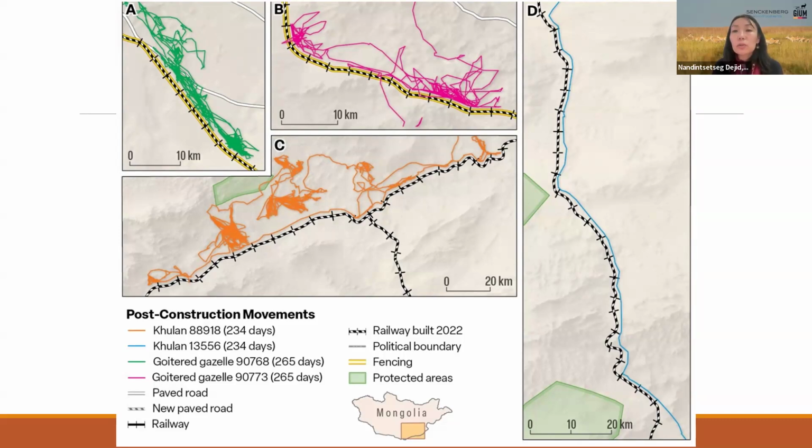So here I want to highlight only one case. If you look at panel D, this individual Kulan moved over a 140 kilometer long stretch of railway, and she didn't find any suitable crossing area to cross this railway.